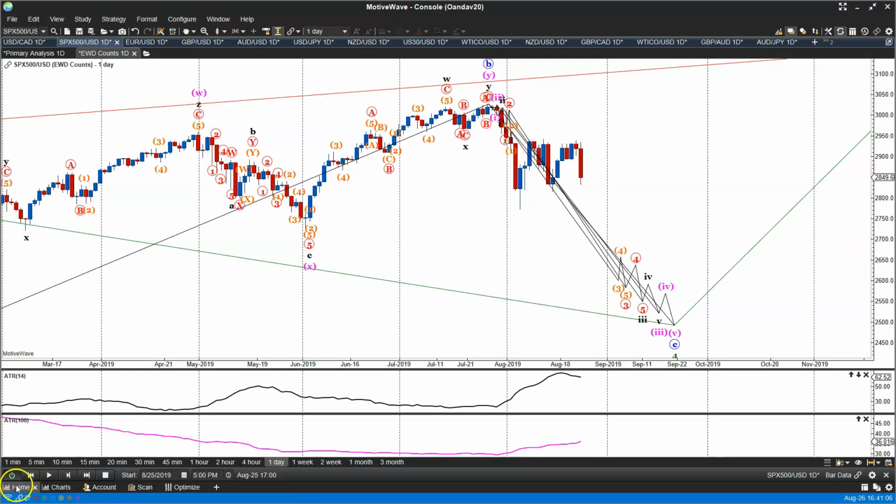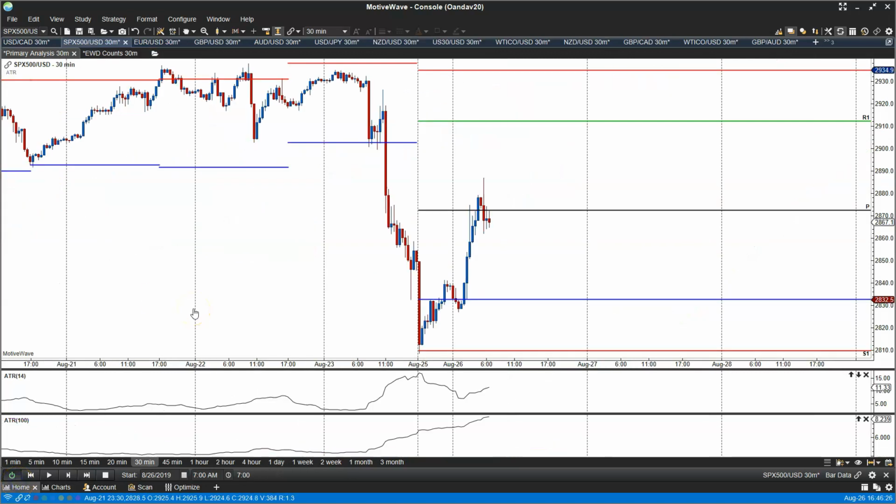Now let's go down to the 30-minute and see the setup. Here's the 30-minute S&P with the pivot points along the right-hand side and the high and low price from the previous day. The 5 o'clock price for yesterday, the closing price or the low price, is this low price of 28.08, and then the high price is 28.86.